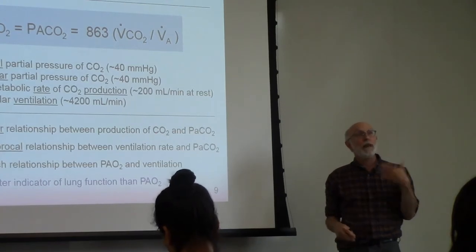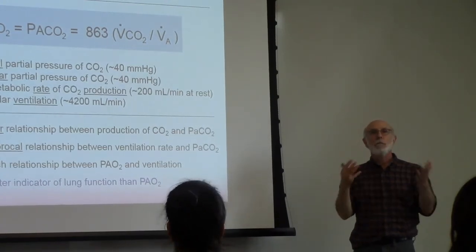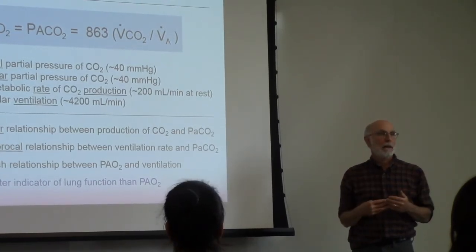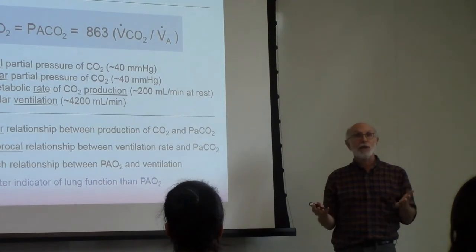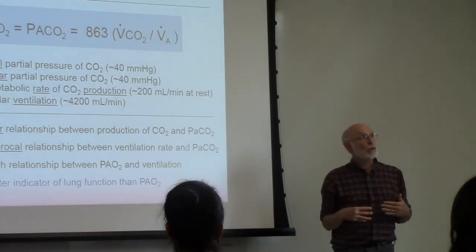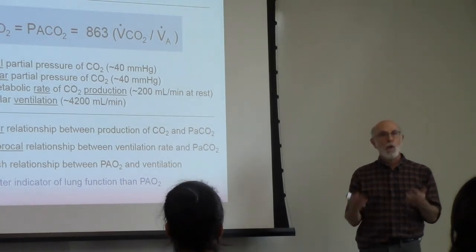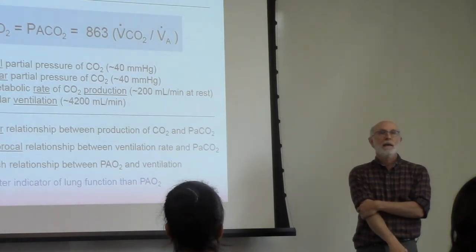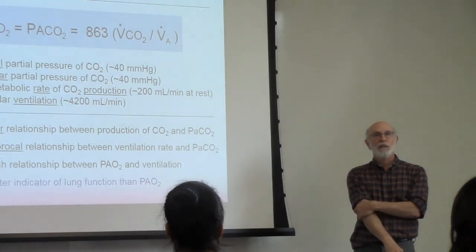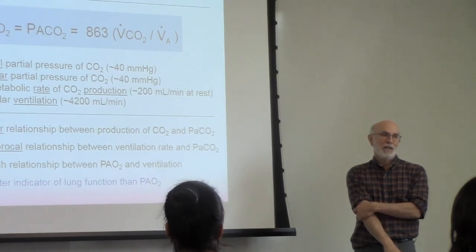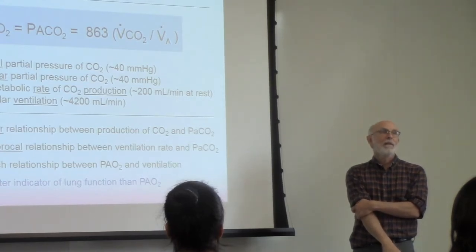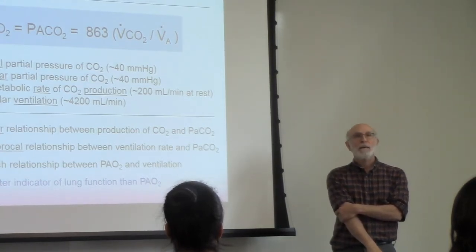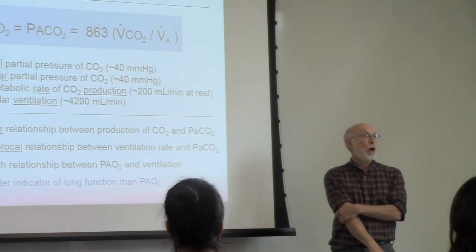So if I hyperventilate, I am ventilating more than my body needs. If I exercise and I don't ventilate more, what would we call that if you were a scientist and you know that hyperventilation is breathing more than you need? Hypoventilation. If I exercise and I don't ventilate more, that's hypoventilation.